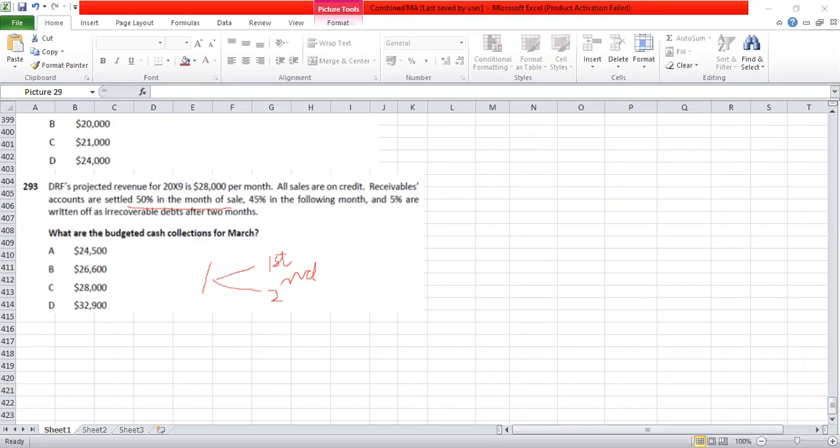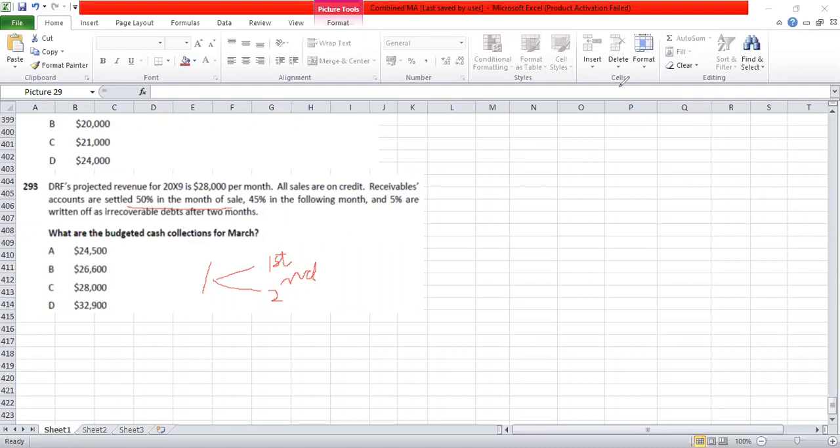So we need to look into the previous month. If the month before March is February, 50% will be received in February, 45% will be received in March. So our focus is on what is cash collected during March. That is our focus. Let's start.